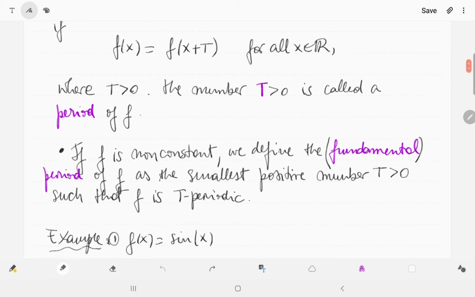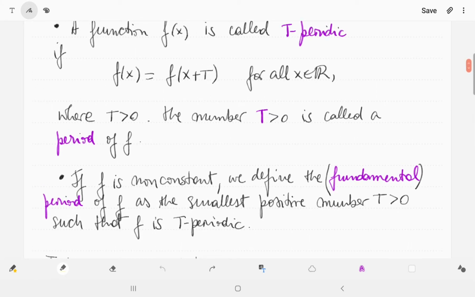If f is non-constant, we define the fundamental period of f as the smallest positive number t such that f is t-periodic. We'll see an example soon.